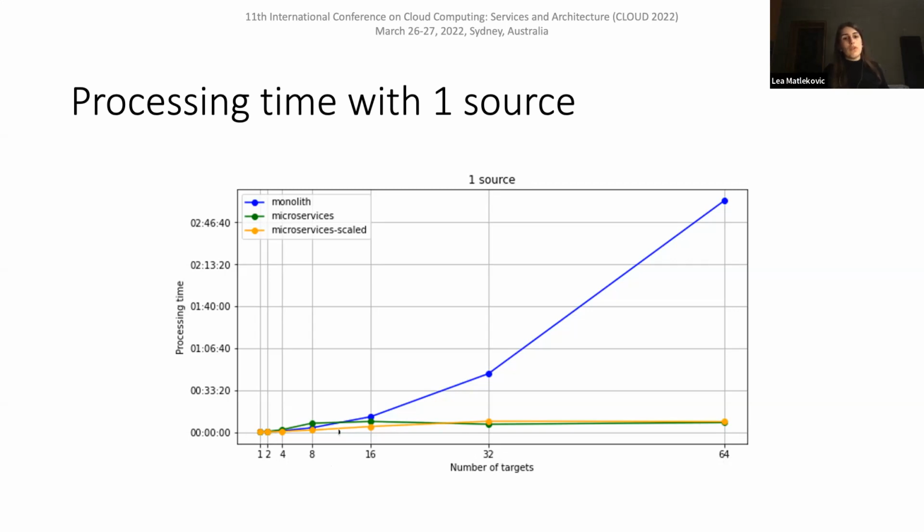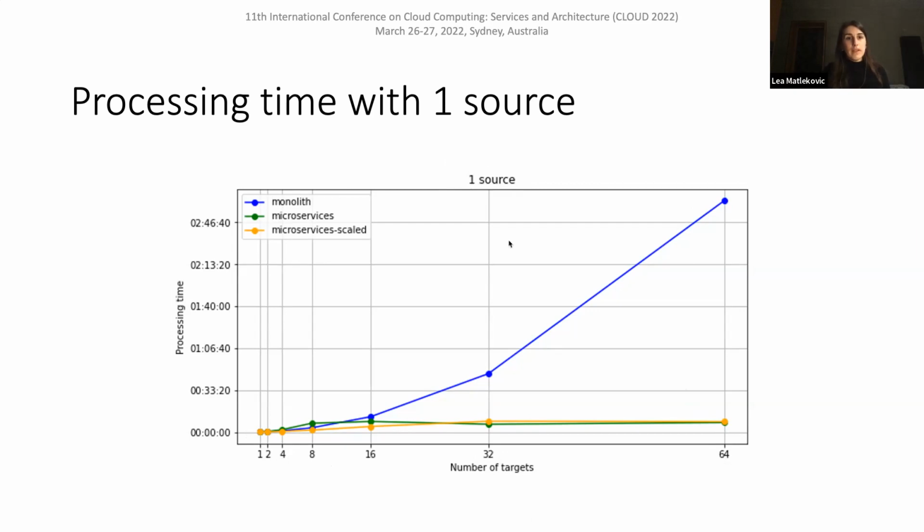So in the monolithic version, it took almost 3 hours for one drone to inspect 64 targets.